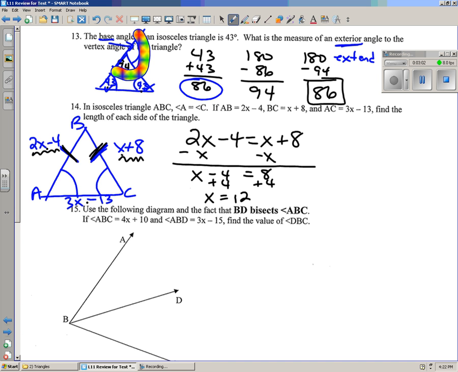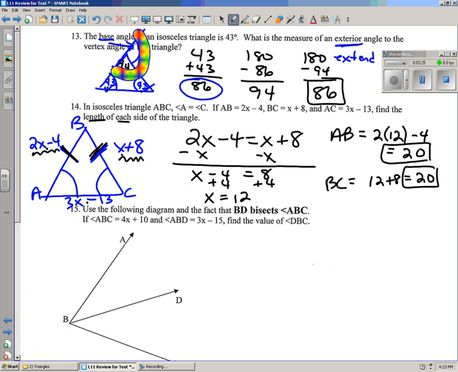Now they asked us to find the length of each side of the triangle. So AB is 2x minus 4, and we know x is 12. So 2 times 12 minus 4 is 20. BC is x plus 8, which would be 12 plus 8, which is also 20.